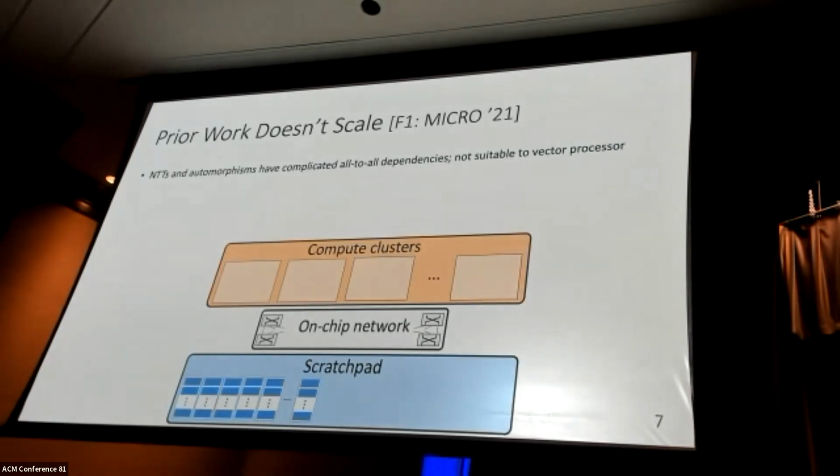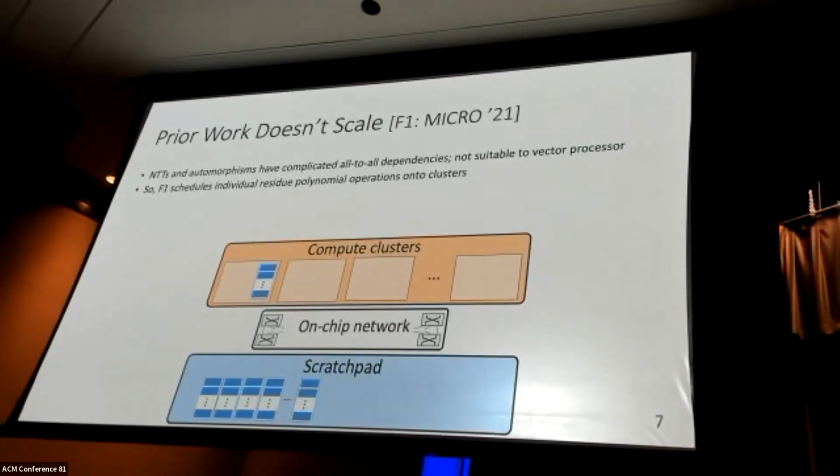So instead, F1, not CraterLake, F1 implements a multiprocessor with many identical compute clusters optimized for residue polynomial arithmetic. A network connects all of these clusters together, and what F1 does is schedule entire residue polynomial operations on a single cluster.